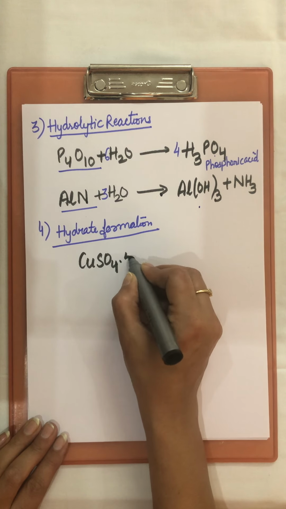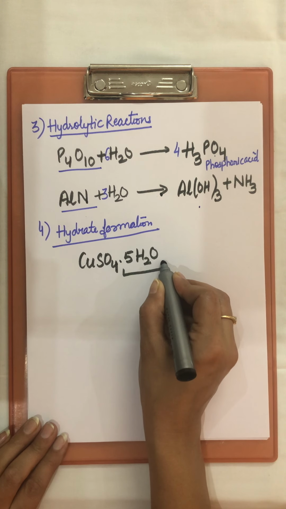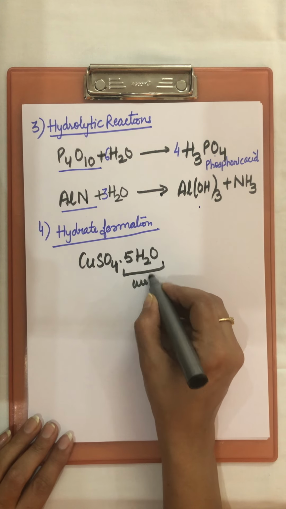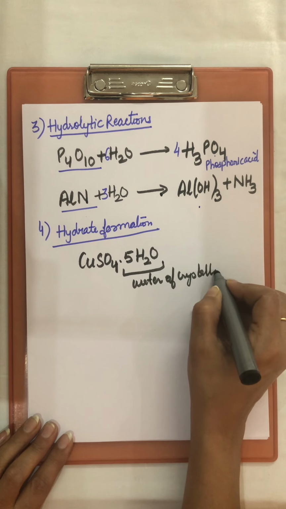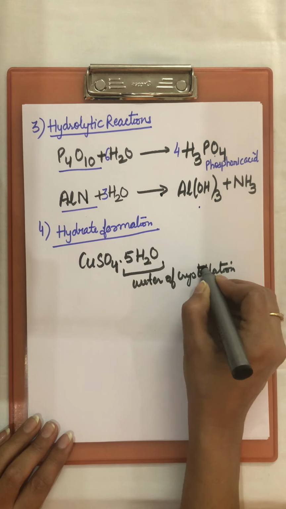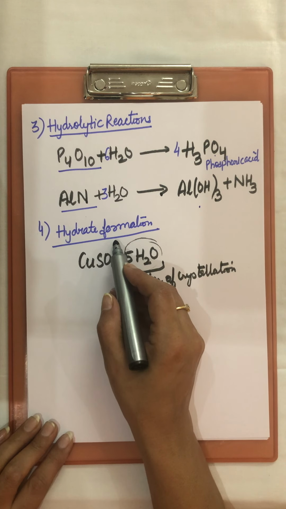These water molecules are known as water of crystallization. So water is as it is here, and that is called hydrate formation.